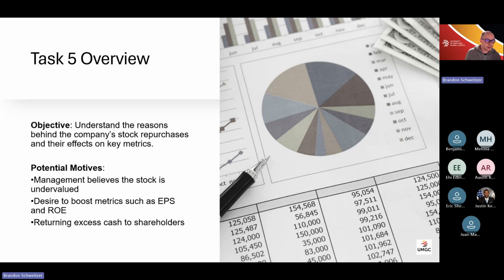These types of metrics help to motivate new investment. And of course, we have returning excess cash to the shareholders through what we call dividends. So these are very common motivations behind stock repurchase programs that your company may or may not be engaged in.